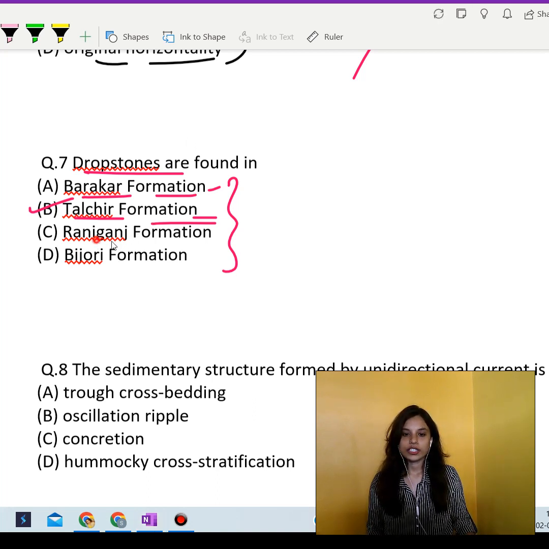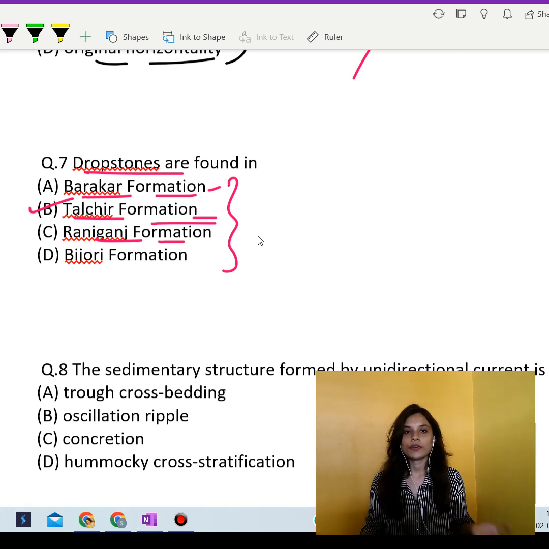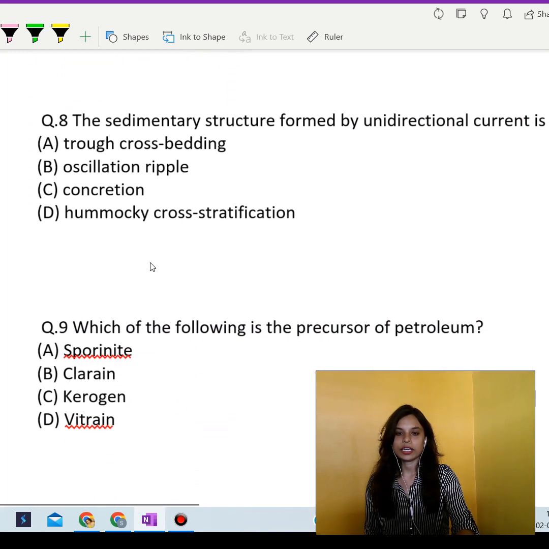Coming to the Raniganj Formation, this formation overlying the Barakar Formation is also of fluvial origin and lacks the drop stones. Next is Bijori Formation. This formation, belonging to a different geological period than the others, is of fluvial origin and does not contain the drop stones. So we are done discussing this. Let's move over to the next question.